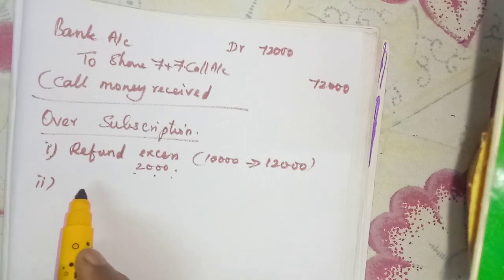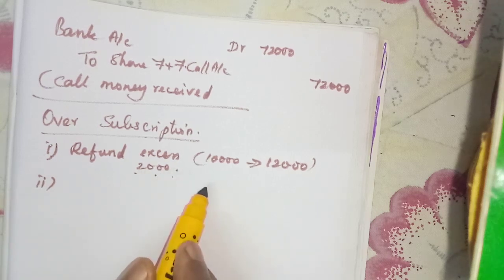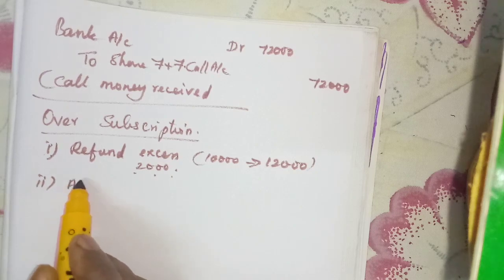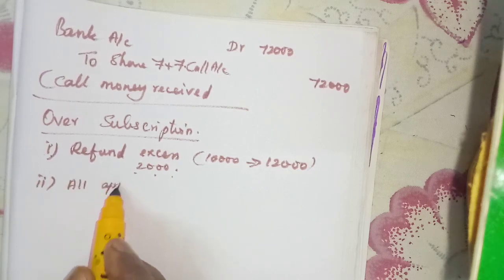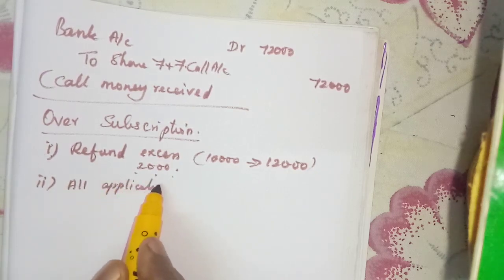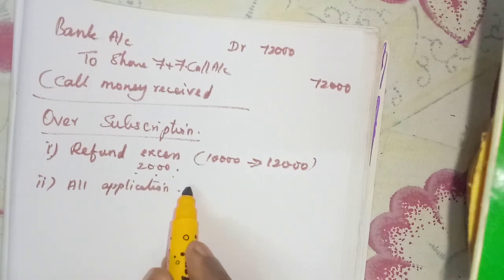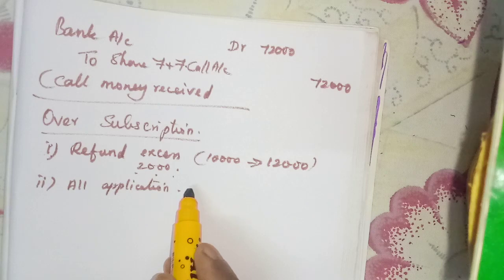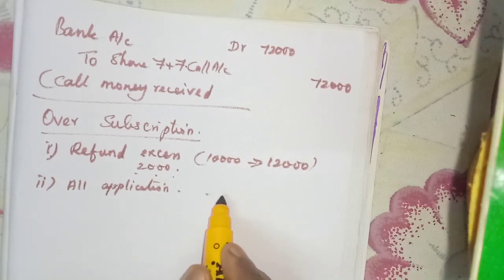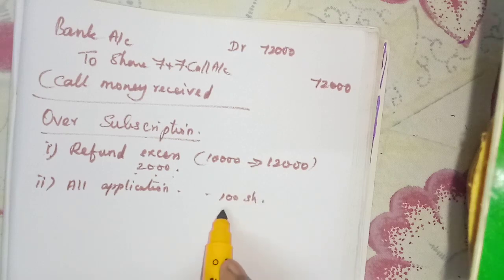That means they will not reject some of the applications. All the applications will be selected as per their application money. For example, one person might have applied for 100 shares, another person for 10 shares. Here they may reduce.